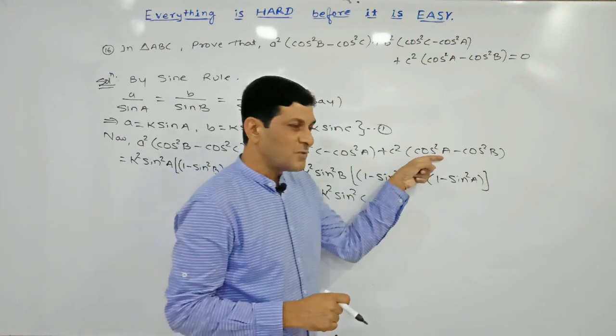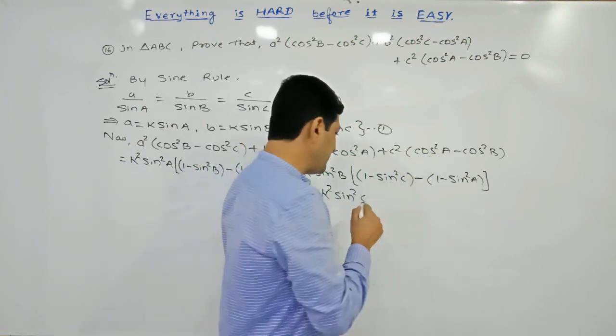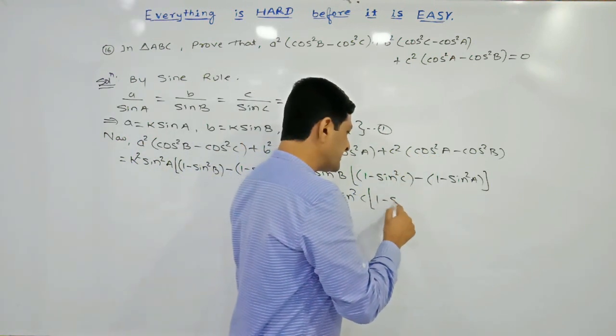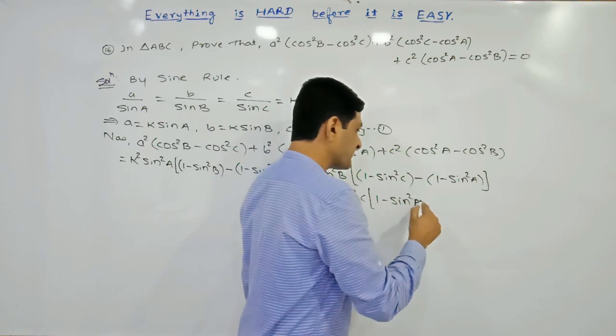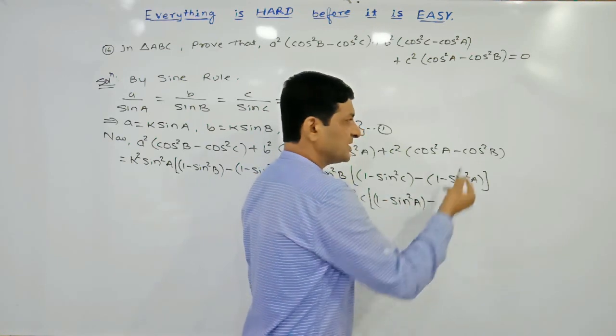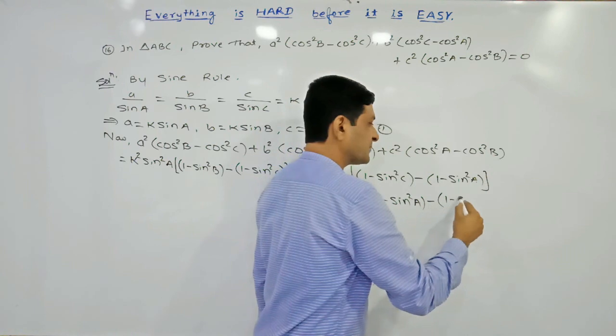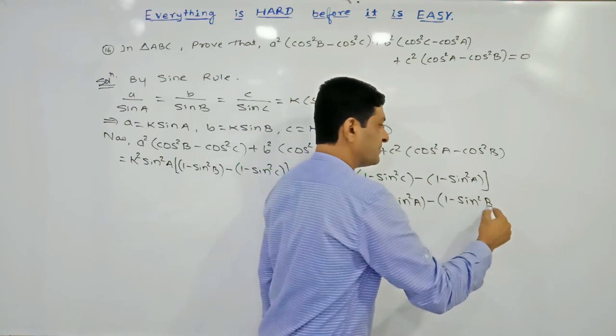And here according to the identity cos square A can be replaced by 1 minus sine square A, minus, keep it as it is, cos square B can be replaced by 1 minus sine square B.